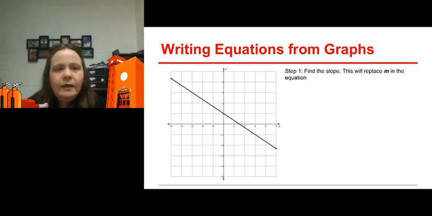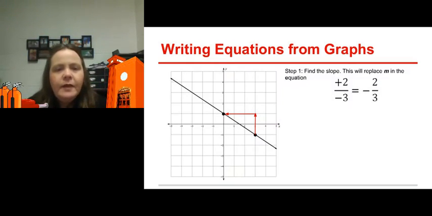I need 2 exact coordinates, and there I've chosen 2. And then I'm going to calculate the rise and the run. So I'm going to go up 2 and to the left 3, and up is positive and left is negative. So I have positive 2 over -3, which just simplifies to -2/3.